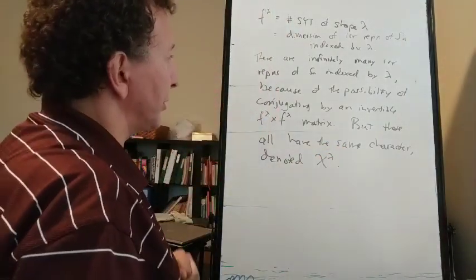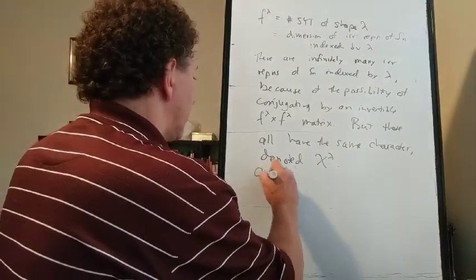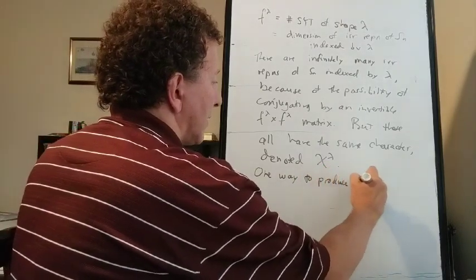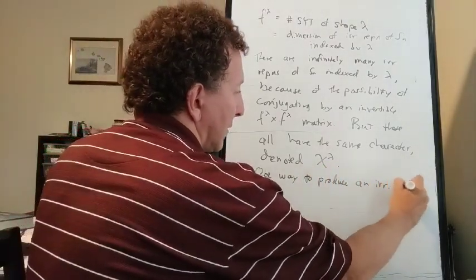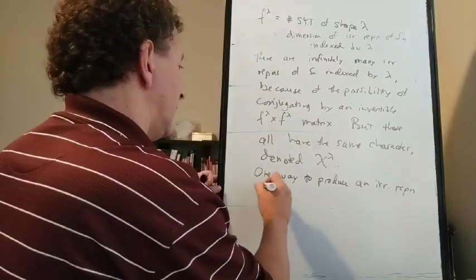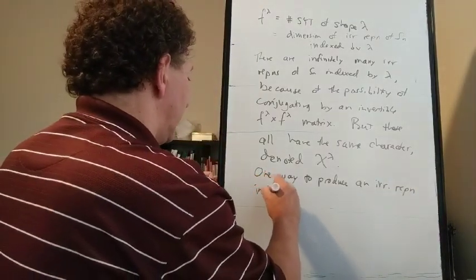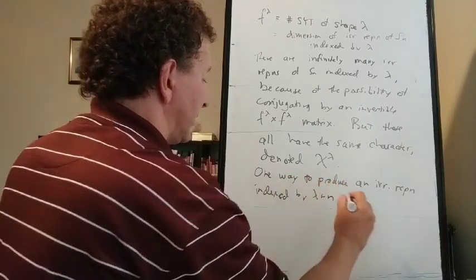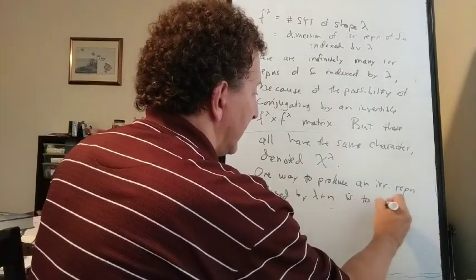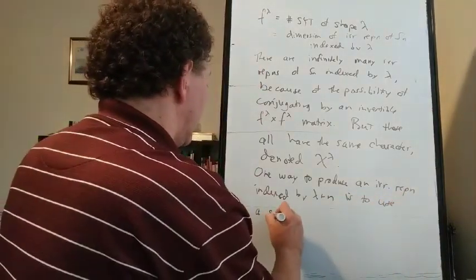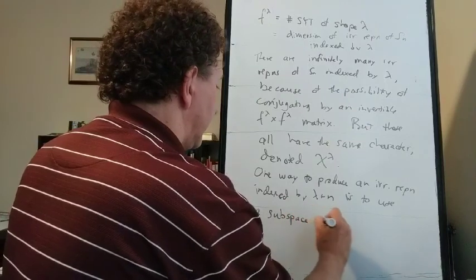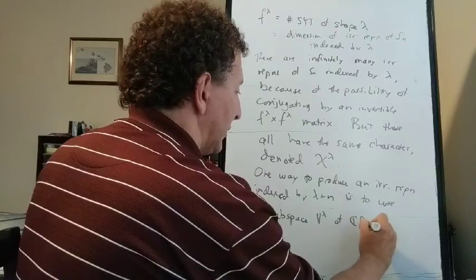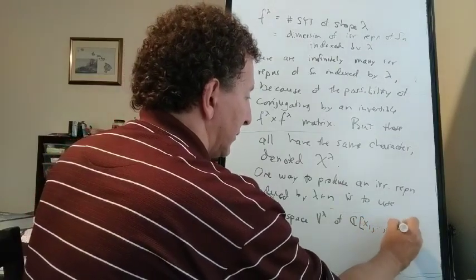So one way to produce an irreducible representation indexed by lambda, a partition of n, is to use a subspace, let's call it V lambda, of polynomials in n variables.